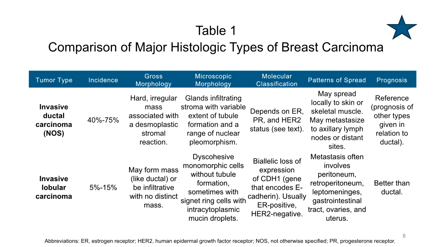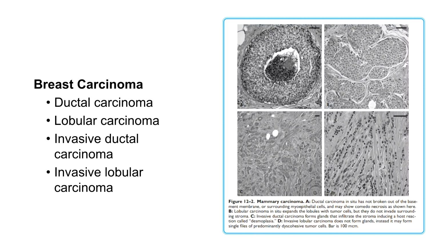Invasive lobular carcinoma can also metastasize to the peritoneum, retroperitoneum, leptomeninges, GI tract, ovaries, and uterus. There are other references about prognosis that we're going to cover in the following minutes. So breast carcinoma can be a ductal carcinoma, a lobular carcinoma, an invasive ductal carcinoma, or an invasive lobular carcinoma.